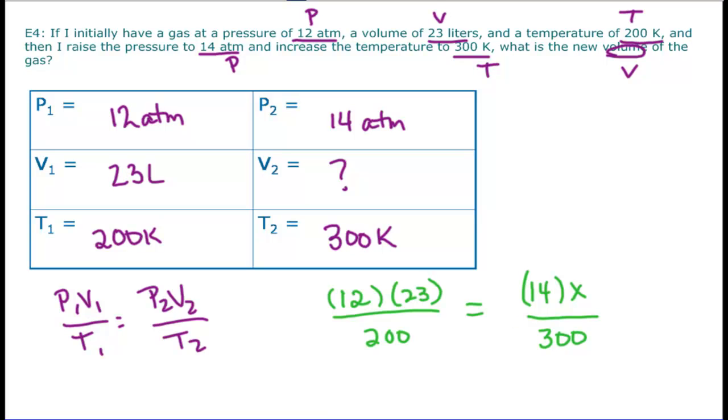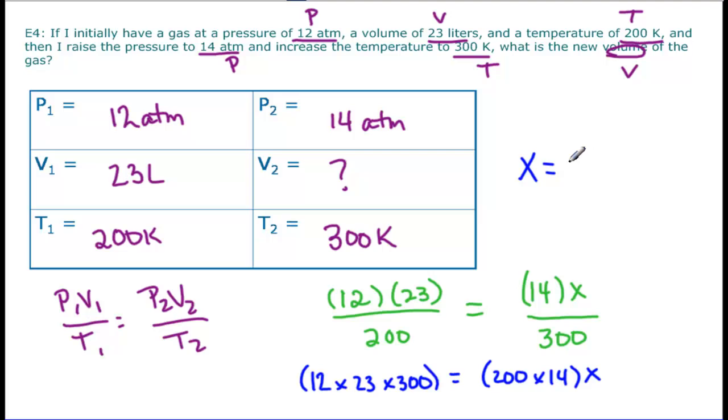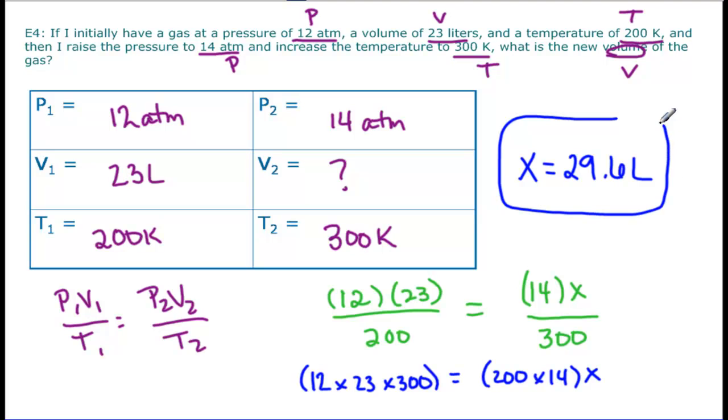So when you cross multiply, you're going to get 12 times 23 times 300 equals 200 times 14 times x. So we're going to want to solve for x here, and you get an x equal to 29.6 liters. So again, volume increased because the temperature increase was greater than the pressure increase. Okay, so this is your answer.